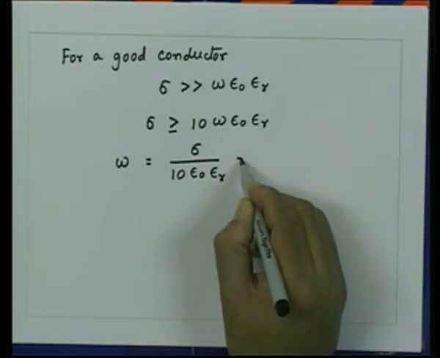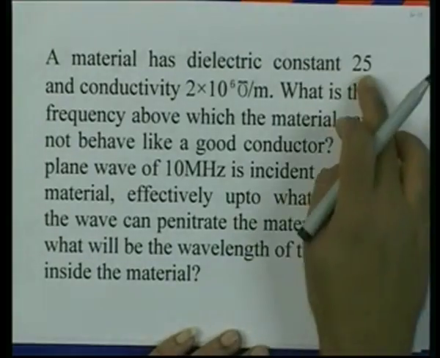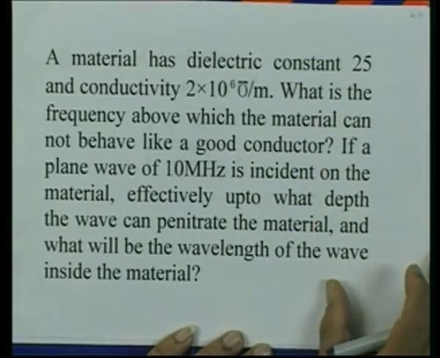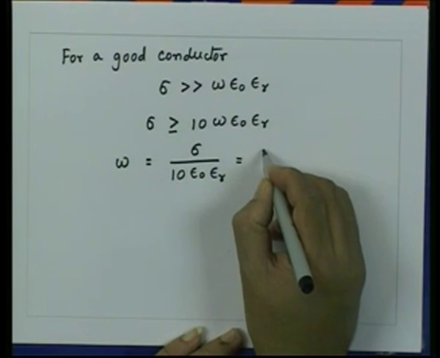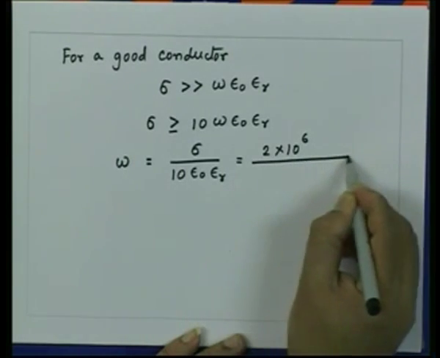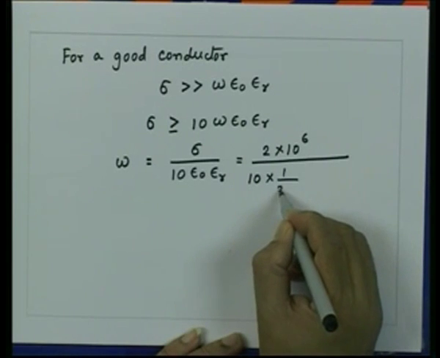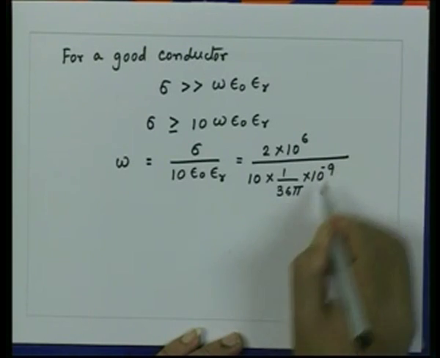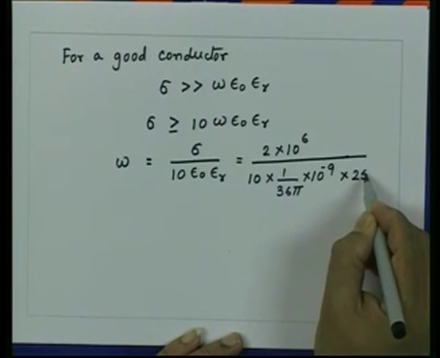So, I can substitute now the values for sigma and epsilon r given here. Sigma is 2 into 10 to the power 6 mhos per meter, and the dielectric constant epsilon r is 25. So, you can write 2 into 10 to the power 6 divided by 10 into epsilon 0, which is 1 upon 36 pi into 10 to the power minus 9, multiplied by 25, which is the dielectric constant.